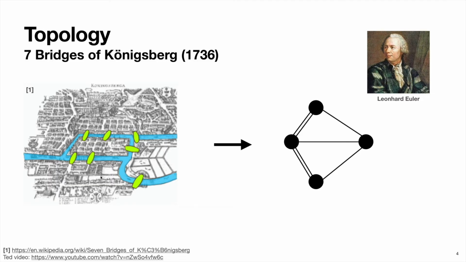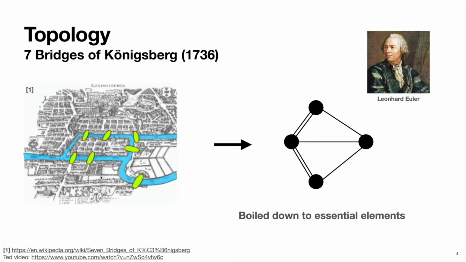What this graph is representing is actually Königsberg, where each circle corresponds to a landmass in Königsberg, and every line represents a bridge. Two circles are connected by a line if the corresponding landmasses are connected by a bridge. So what Euler did in drawing this graph is he boiled down this map of Königsberg to the essential elements, which eventually allowed him to solve this problem.